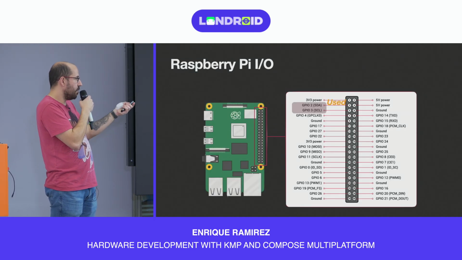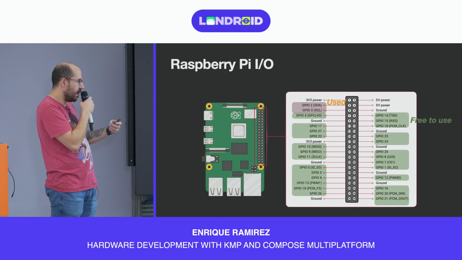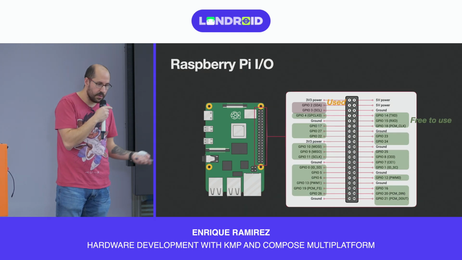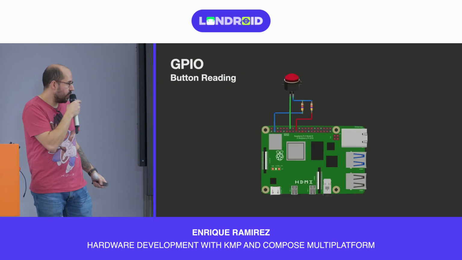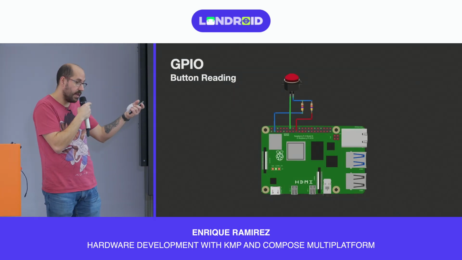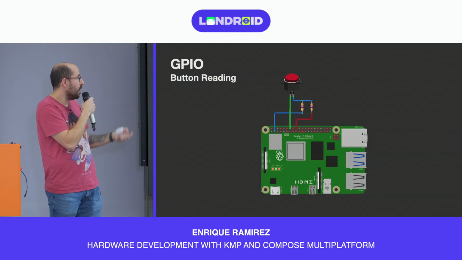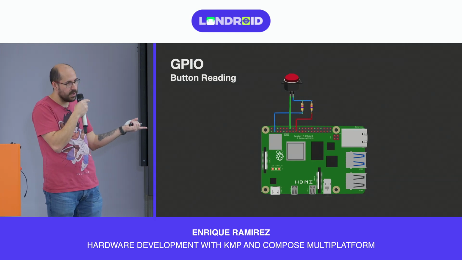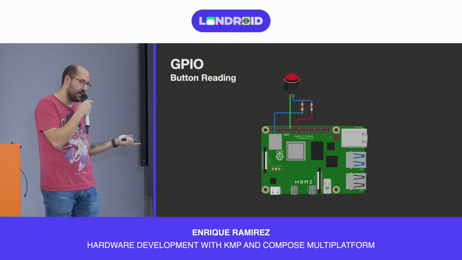So we've used 2 of the ports, but we have many other ports to use. That's super cool that the Raspberry Pi gives you that many to use. And this is an example of the simple circuit for reading a button. There are 2 ways of doing it: a pull-down resistor and a pull-up resistor.